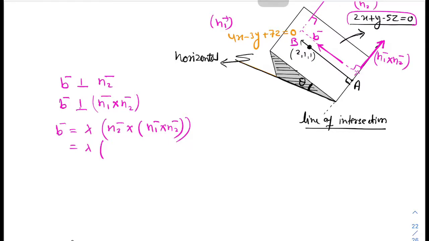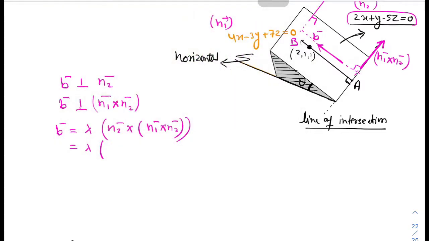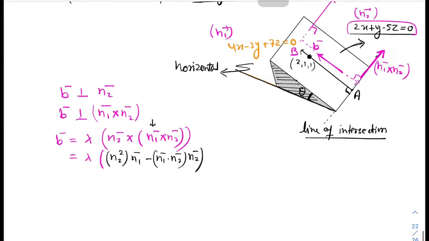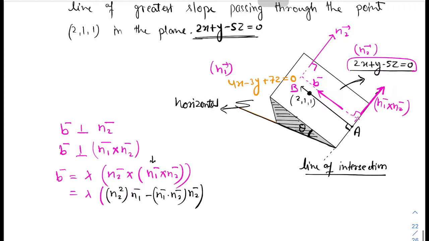अच्छा, अब ये हम लोग बड़ा आसानी से इसको कर सकते हैं। This is nothing but vector triple product. Okay, वेक्टर ट्रिपल प्रोडक्ट हम लोग कैसे करते हैं, always start from the middle vector, that is n1, and then it is n2 squared, then minus n1 dot n2 into n2 vector. Okay, what is n2? n2 is the normal vector of this plane.